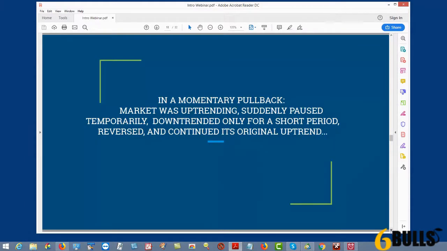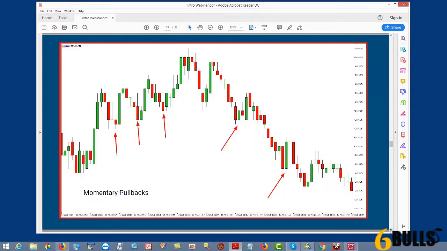In a momentary pullback, which is really the way that the market trades, the market was uptrending, it was going up a little, and then it stopped and paused. It came down a little bit, stopped and paused, and continued to go up, stopped and paused, came down a little. The way the market really trades, and this is the norm, not the exception, is in stepstones.